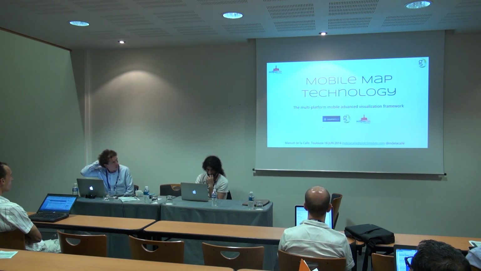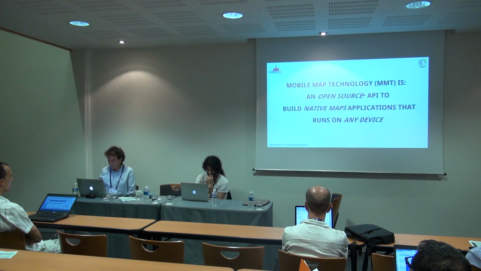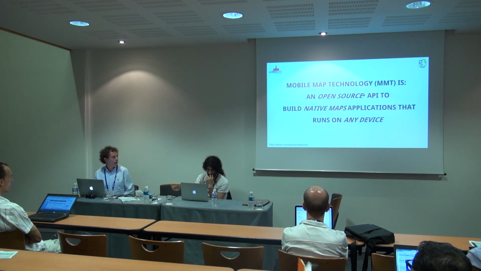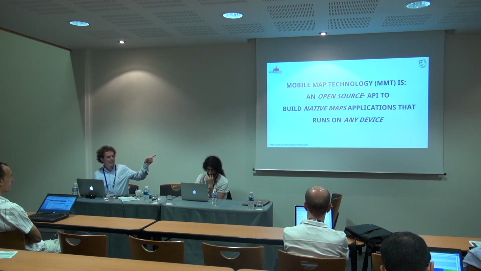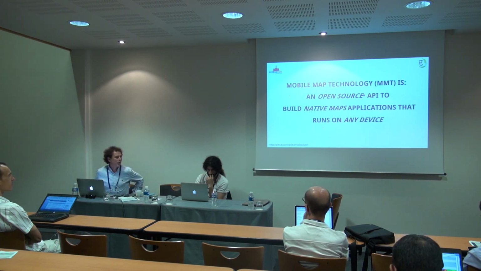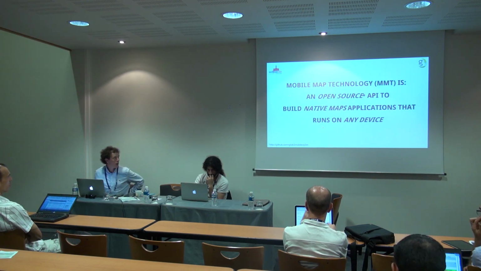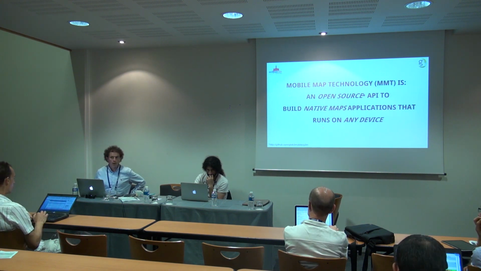What is mobile map technology? It's an open source SDK API. The font is a little small, but you can look for the repository in GitHub and look for Glob3 Mobile. In the next months, the repository is going to change to an Eclipse repo, but currently we have this GitHub.